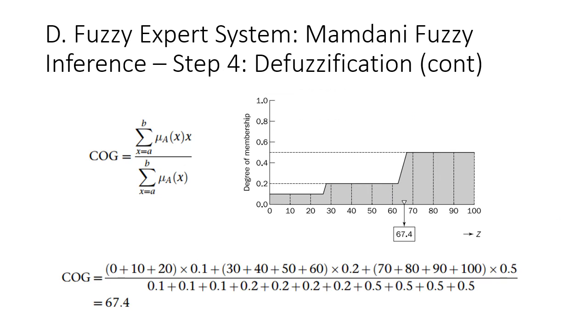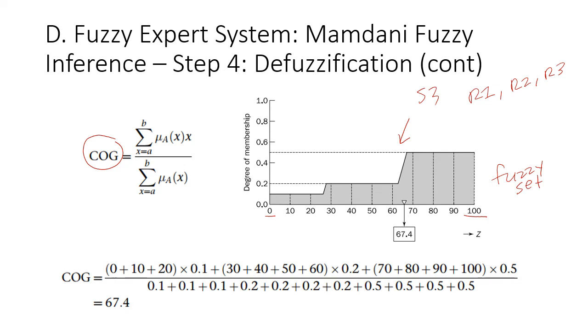So looking back to the result of our step 3, this graph over here is the aggregation of all the clipped outputs of our rules. So this is the result of rule 1, the aggregation of rule 1, rule 2, and rule 3. So if we want to calculate the center of gravity for this particular fuzzy set, what we do is our values are from 0 until 100, and we separate this area into certain sections.